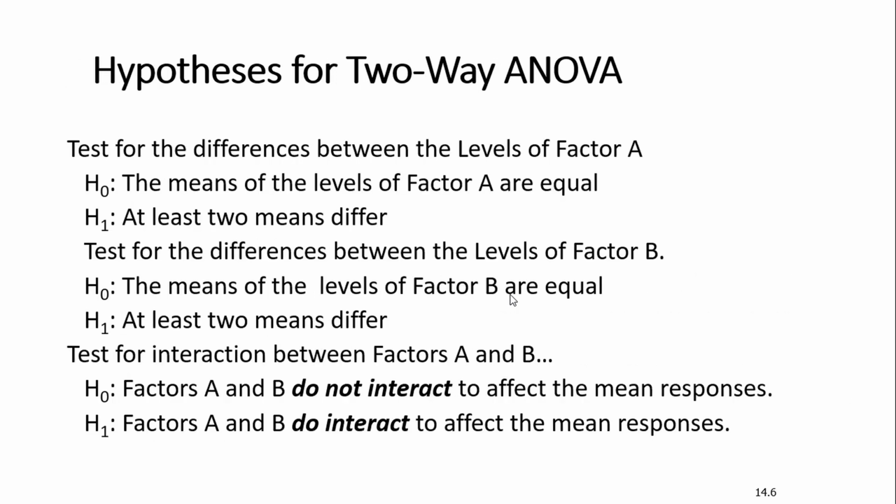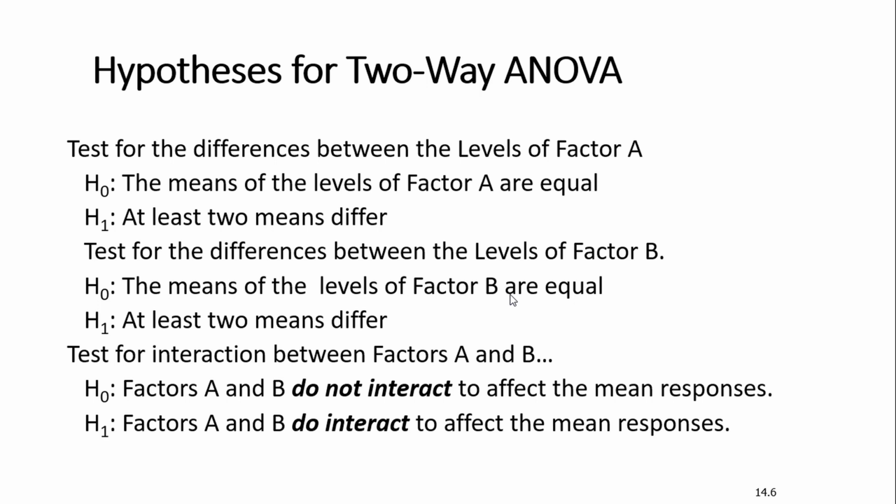When we develop hypotheses, strictly in statistical terms, we test for the differences between the levels of factor A. For example, you have factor A and factor B. H0 is that the means of the levels of factor A are equal, and H1 is that at least two means differ.